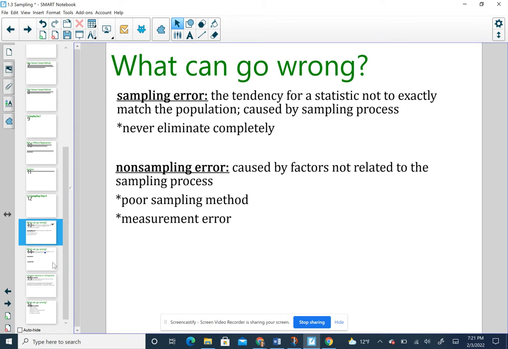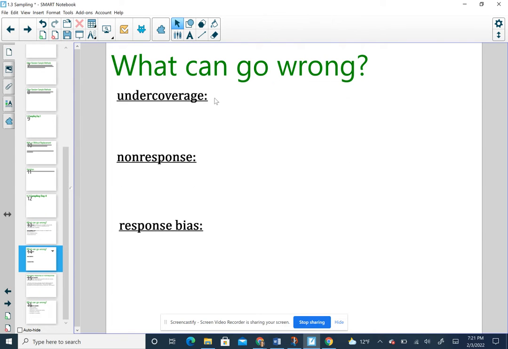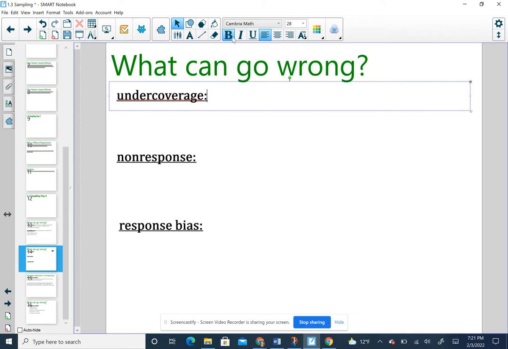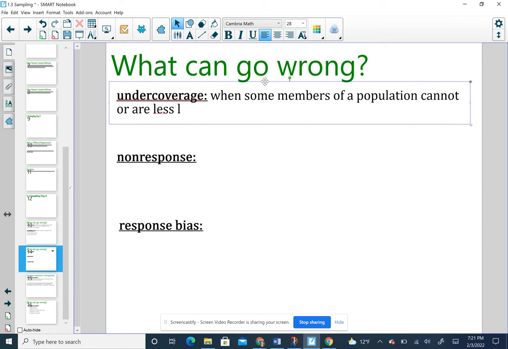Some other things I want to talk about here relate to the activity you're going to do in a second. Undercoverage is when some members of a population cannot or are less likely to be included in a sample. I have a pretty good example for this. Say you're using the phone book, if you know what that is, to choose a sample.